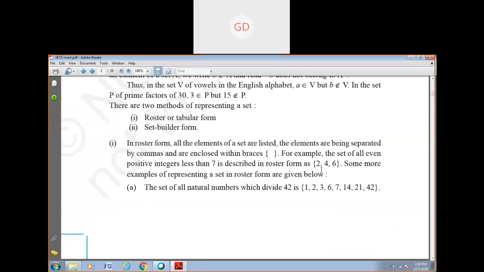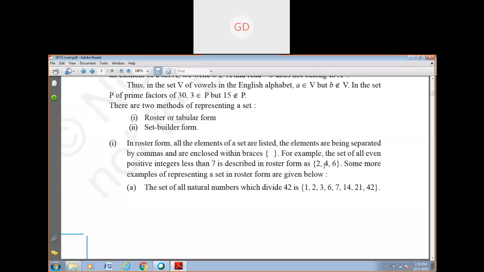Whatever elements you want to write, you can write. And you see between two elements a comma is there. This comma is very essential because it differentiates, that means distinguishes, the elements. So comma and second bracket are compulsory to represent a set in tabular form.